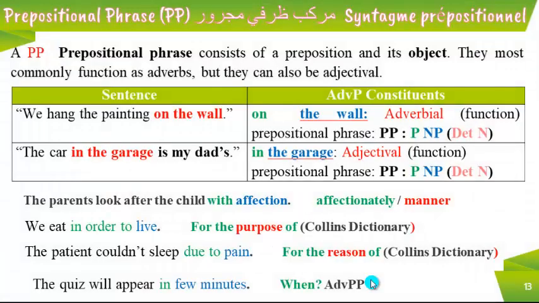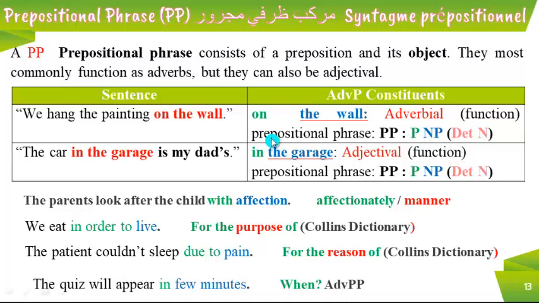Prepositional phrases consist of a preposition as a head word and its object or complement. They most commonly function as adverbs, but they can also be adjectival. Let's see examples. We hung the painting on the wall.